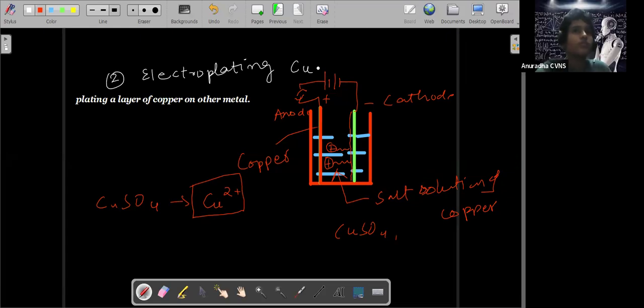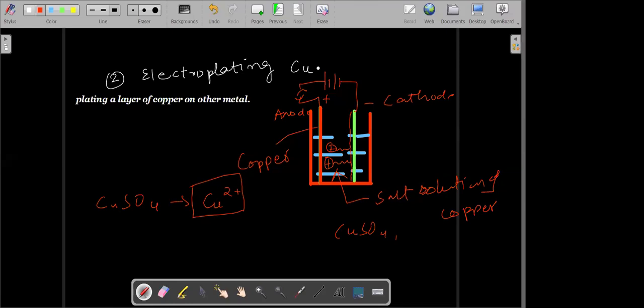Sir, it should take lots of time to move towards the negative electrode, no, sir? So should we apply more voltage in order to do this? See, more voltage is not required just to apply more force. There is a different role for the voltage also. We'll see that. First of all, they do not take time. It is a take and give process.